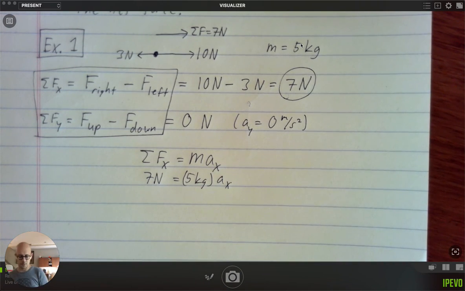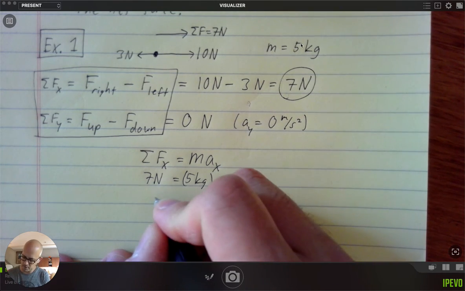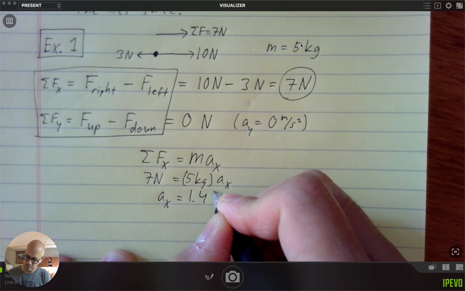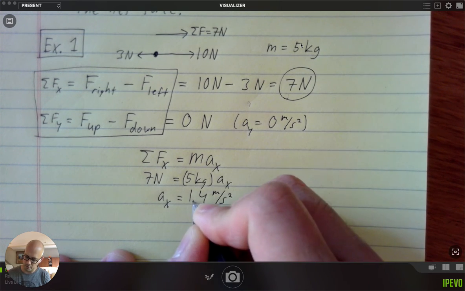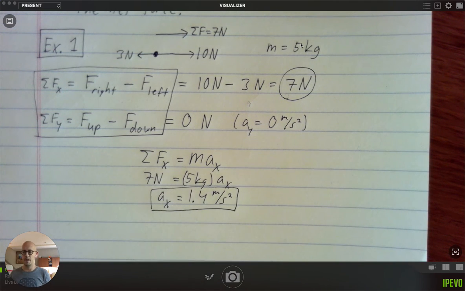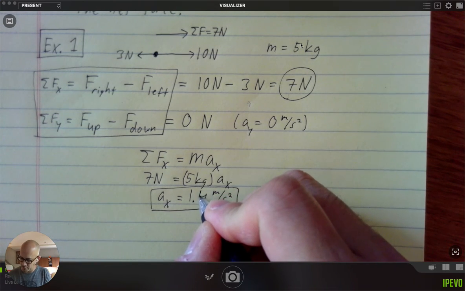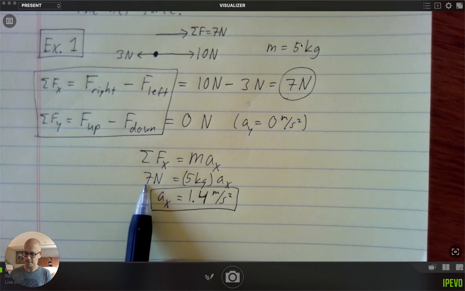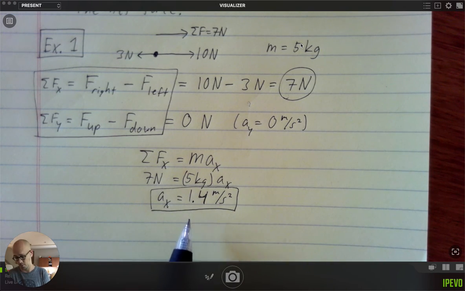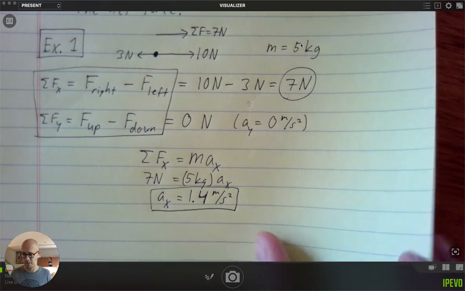So if I do 7 divided by 5, I get an acceleration of 1.4 meters per second squared. So the net force on that mass causes an acceleration. And that acceleration is based on the net force itself and the mass. Because the net force is slightly bigger than the mass, we get an acceleration that's slightly bigger than 1. So that's a simple example.